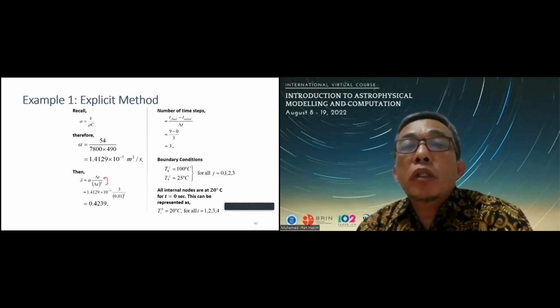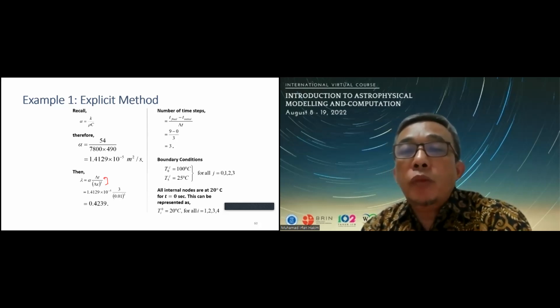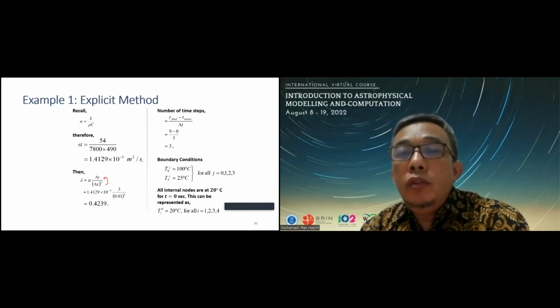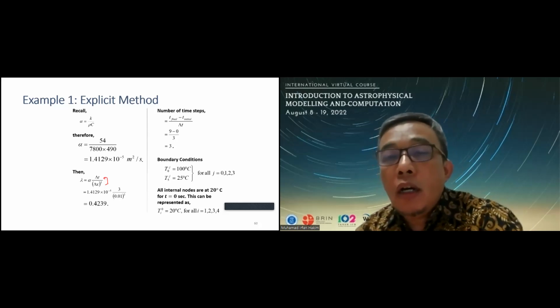Now, we plan to use a number of time steps here, 3 seconds, with this boundary condition, for all J here, which is the index for time.